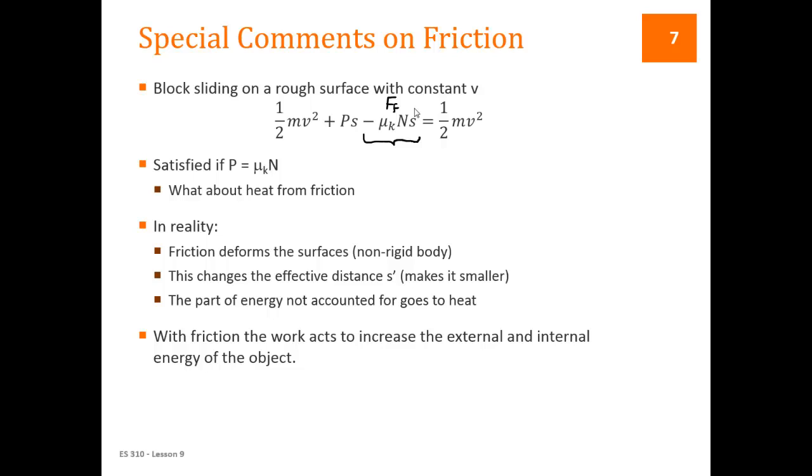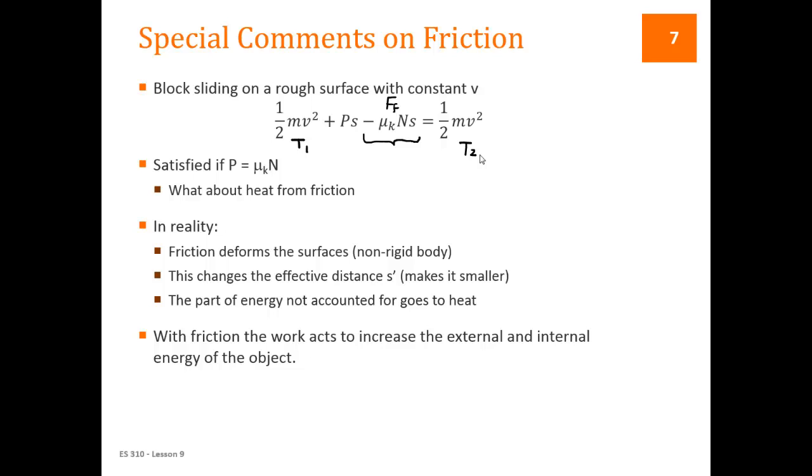So now let's take a special situation, do a little thought experiment. So this is the initial kinetic energy. This is the second kinetic energy. We can imagine a situation where the force we're applying is just overcoming the kinetic friction. So we're applying a force, and all of that force is going to overcoming the kinetic friction.